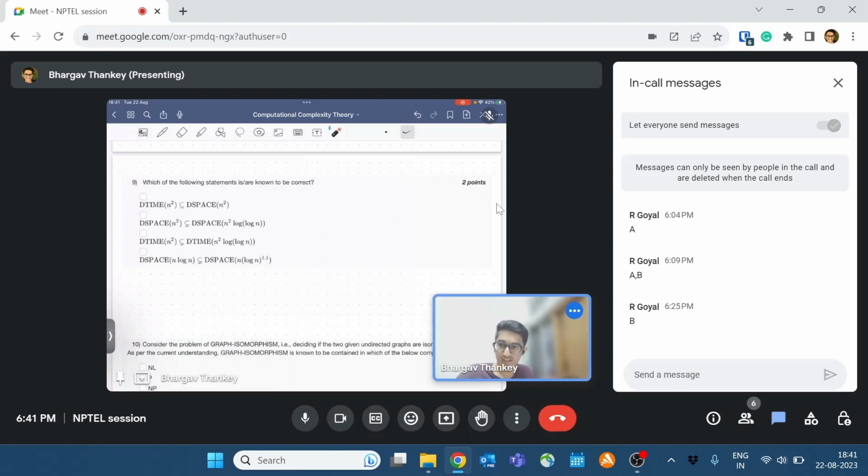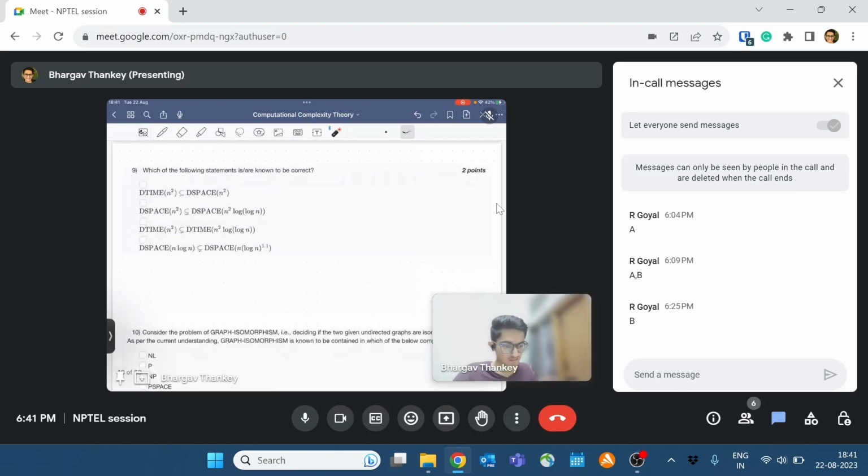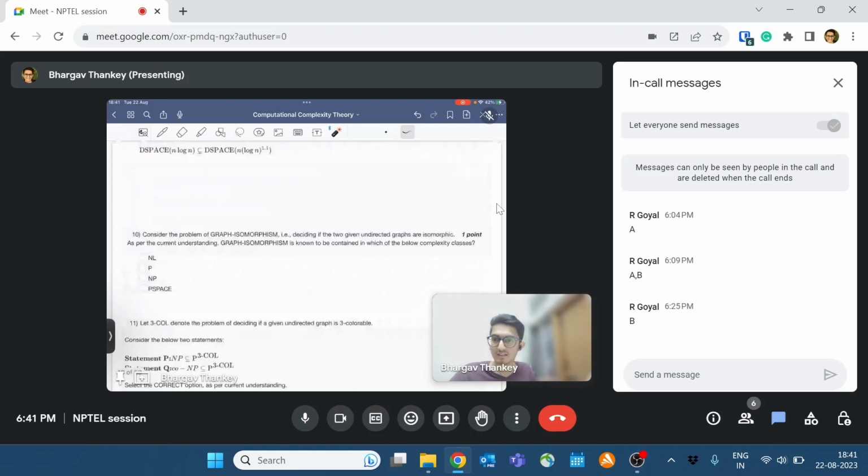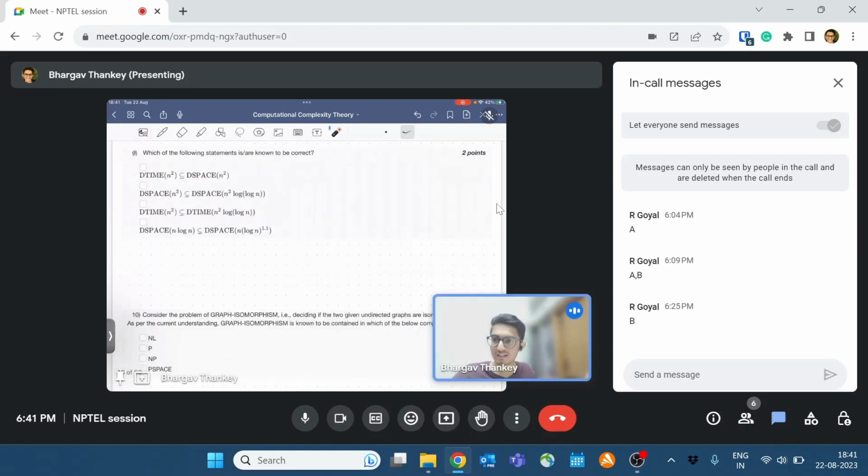Yeah, so now it's correct. Okay, yes, problem 9 is visible now. It's still a little glitchy.